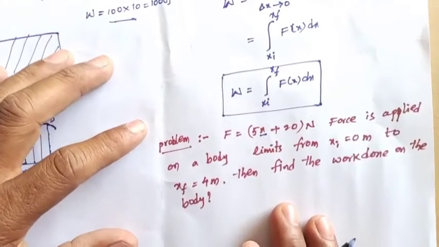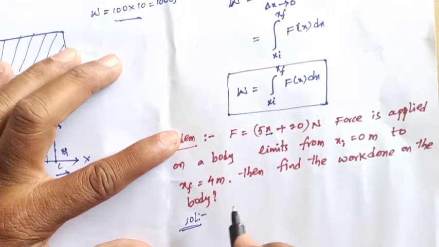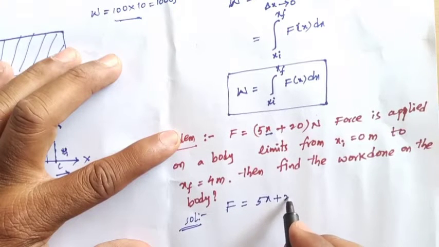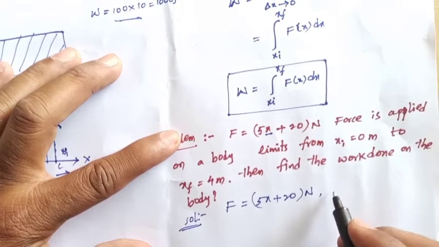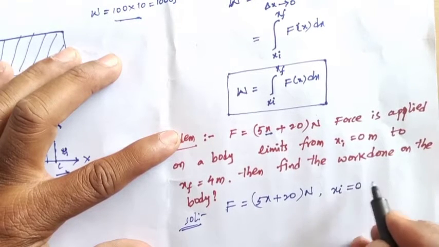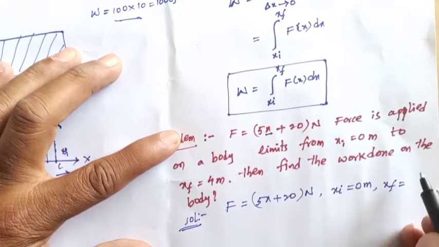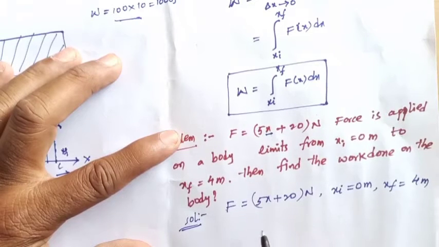So we can solve this. The solution: the force F equals 5x plus 20 newtons. The limits are xi equals 0 meters and xf equals 4 meters. So what is the equation?